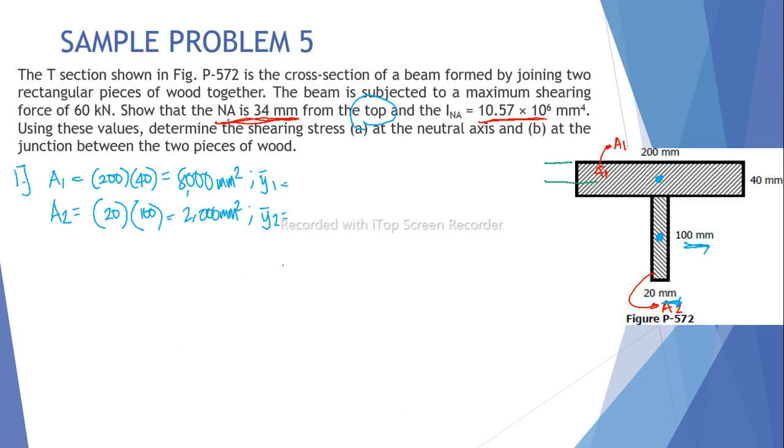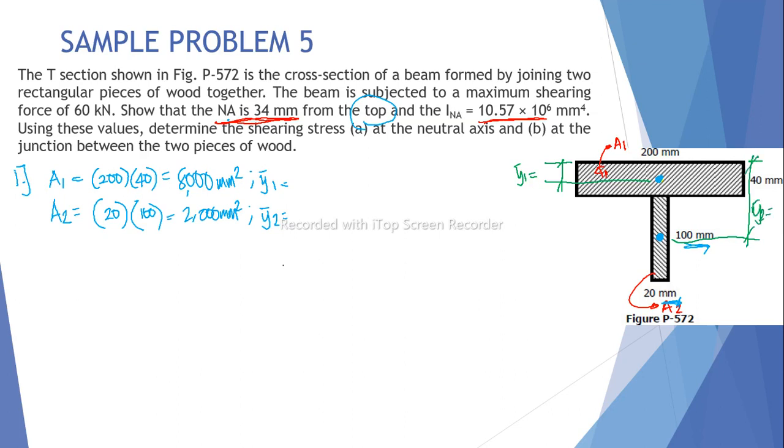For area 1, y bar 1 is the distance from the fixed datum at the top to the centroid of area 1. That is y bar 1, and y bar 2 is the distance from the top to the centroid of area 2.